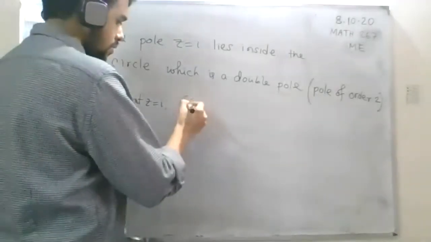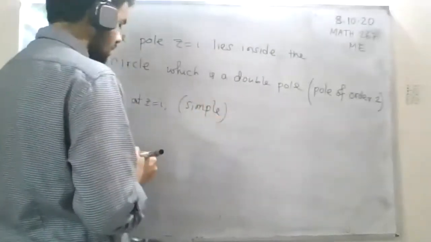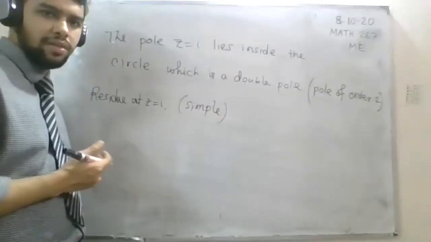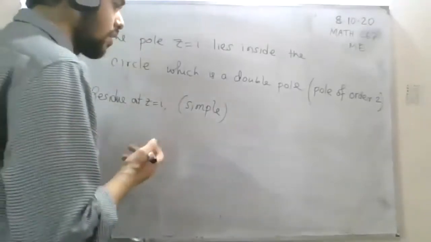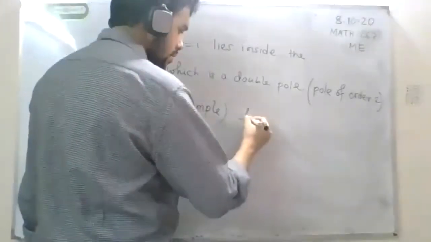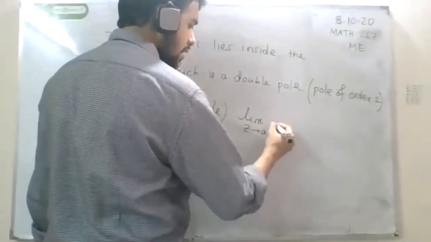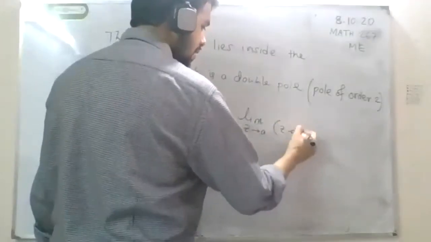For a simple pole, that means if z has different values plus minus i, or z has only one value, you can use the formula limit z tends to a of z minus a, etc.